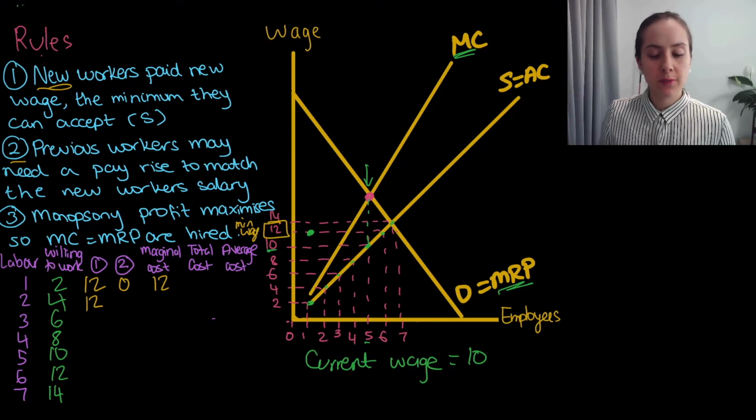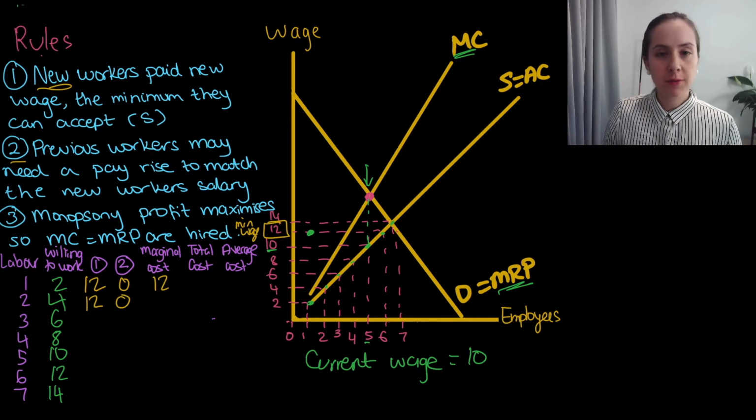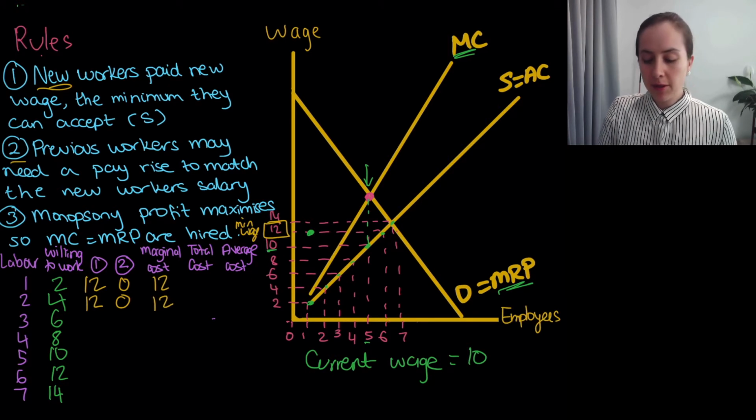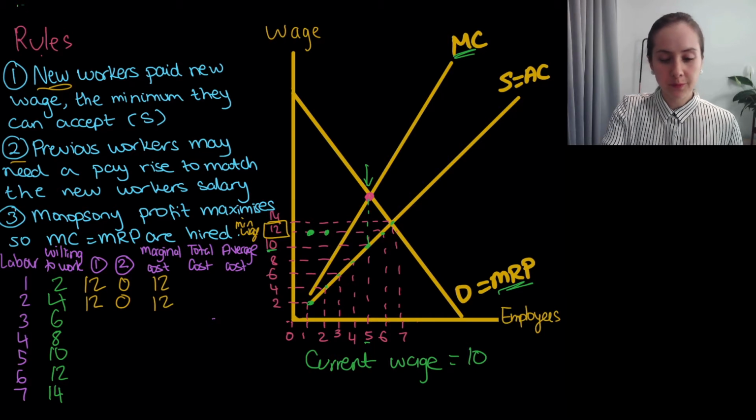Rule number 2 is they're going to have to raise the wages of any previous workers. But the previous worker was also paid 12, so there's no pay rise required. So that's still 0. And the marginal cost of hiring the second worker is 12. It's another green dot there.